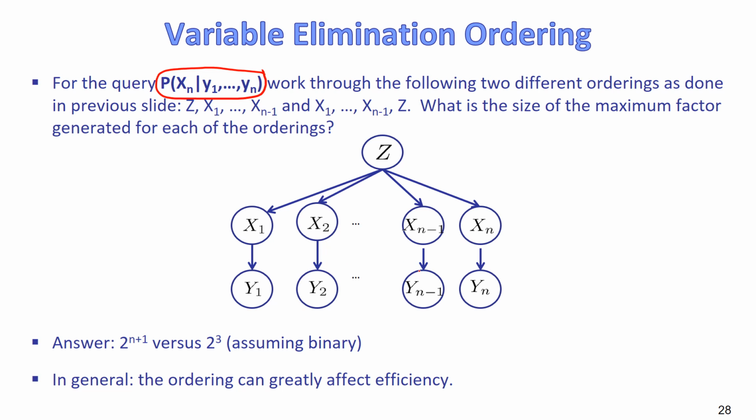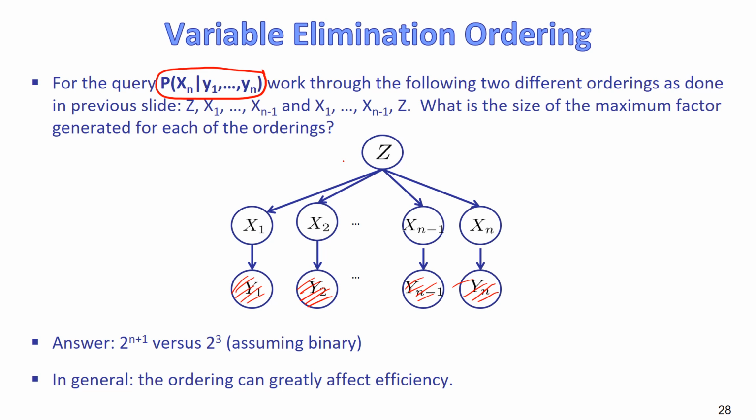So this is typical in Bayes nets that we observe the variables that are at the bottom of the network, and we want to infer something about the other variables. So here let's go through two different orders and see what will happen in each.